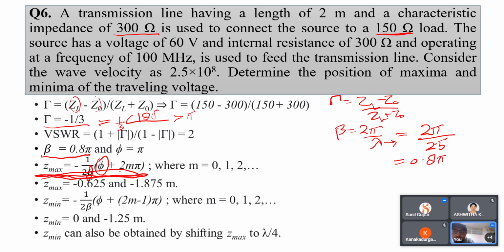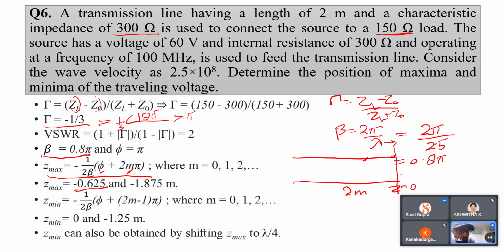So you have to just put the value of beta and phi here so as to obtain the value of maxima. One thing you have to note is that the total length of the transmission line is 2 meter. If you put the value of beta and phi here with m equals 0, the convention we have taken is z equals 0 at the load side and z equals minus 2 at the source side.